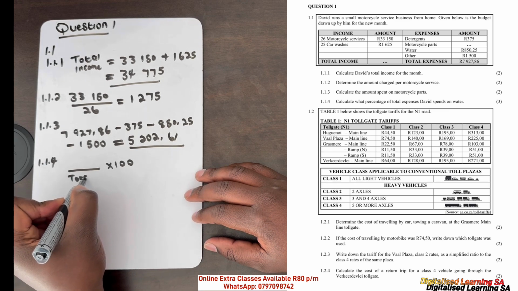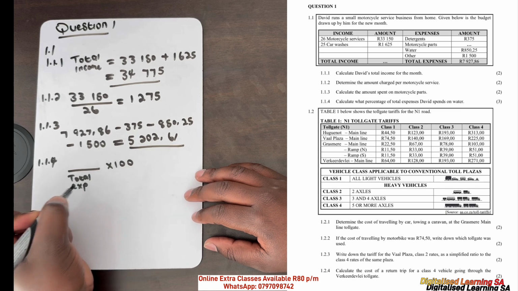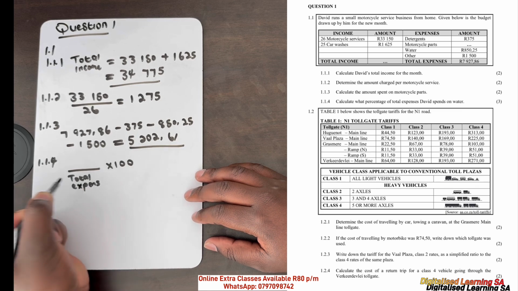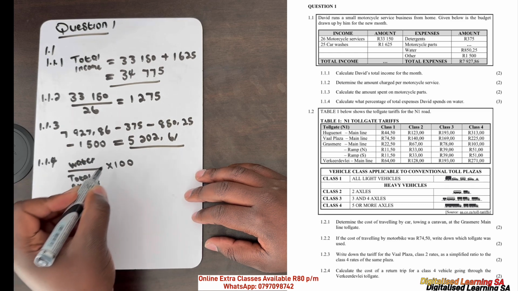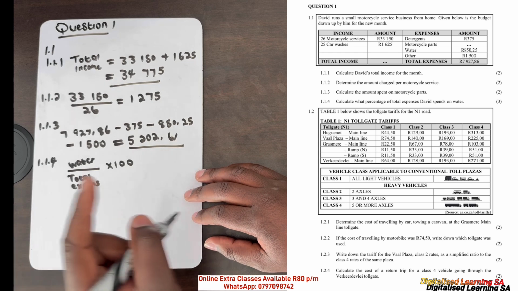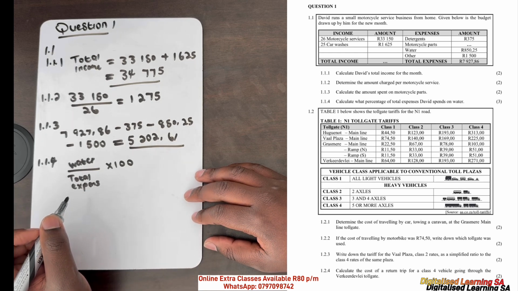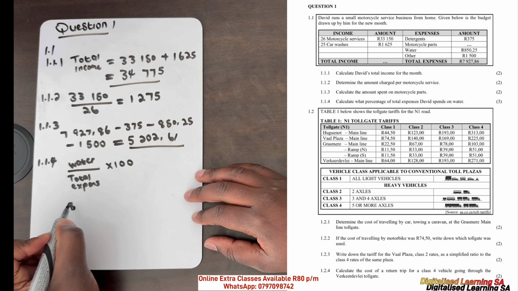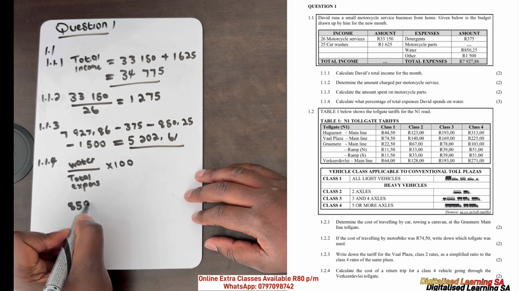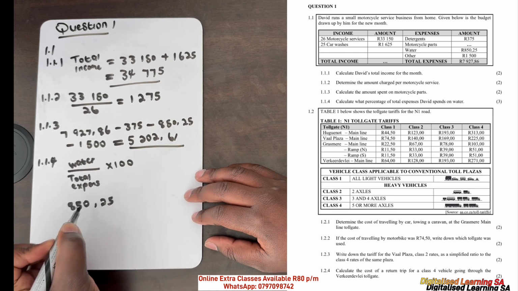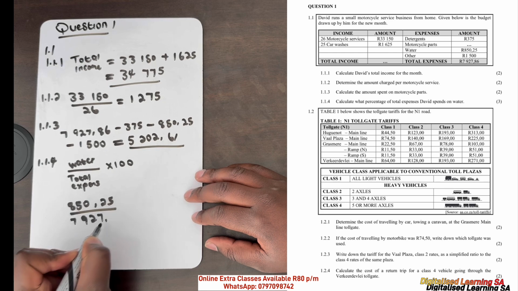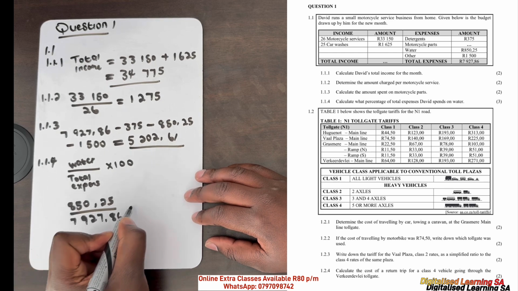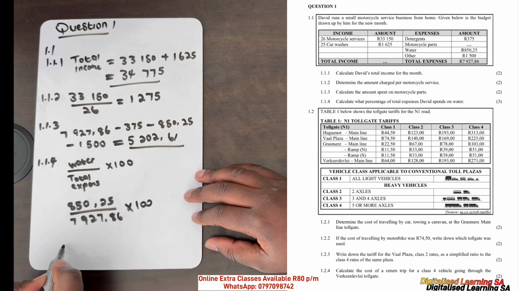So we need to say water divided by total expenses, multiply by 100 because we are looking for the percentage. So the amount for water was 850.25 divided by our total expenses, which is 7,927.86 multiplied by 100.